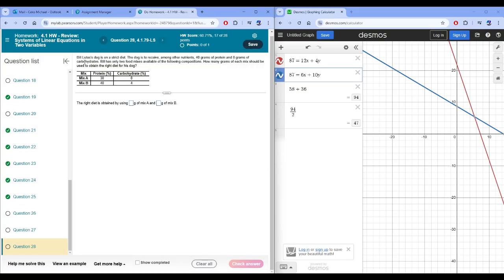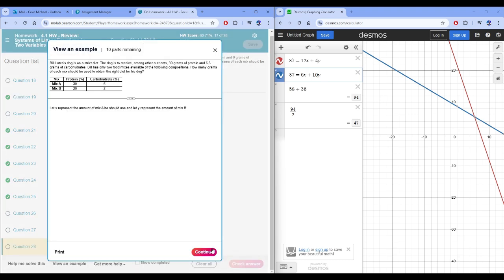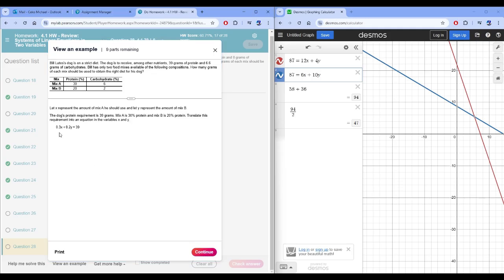Last question. Bill Lute's dog is on a strict diet. The dog is to receive, among other nutrients, 40 grams of protein, 8 grams of carbohydrates. Bill only has 2 food mixes available. Very similar. So here, we would have to do 0.3x plus 0.3y.